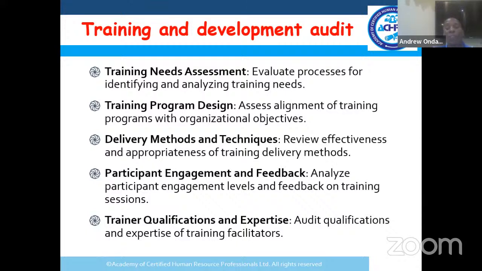The second part of your question was on CPDs. For professionals like us, we need to renew our practicing certificate every year. And that requires a minimum of 10 points. And to acquire these 10 points, you need to be trained, which means continuous professional development, like what we are doing today.